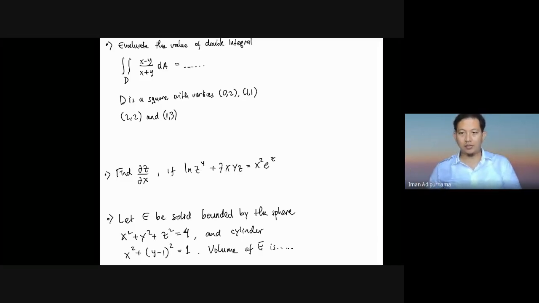Okay, anyone find the answer? I think the answer for number two is quite complicated, but I hope you still remember the chain rule and implicit differentiation for multiple variables.